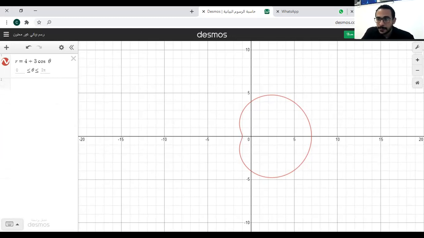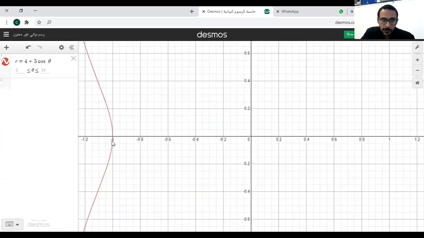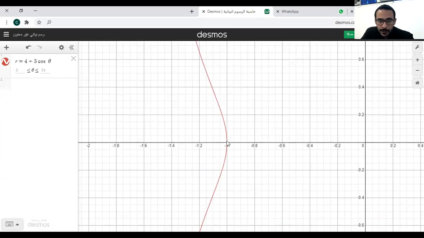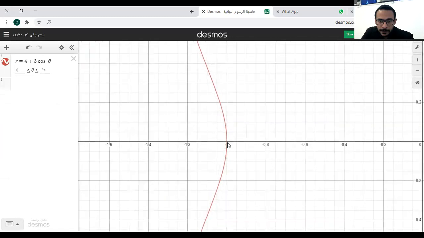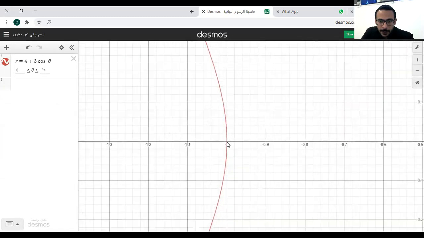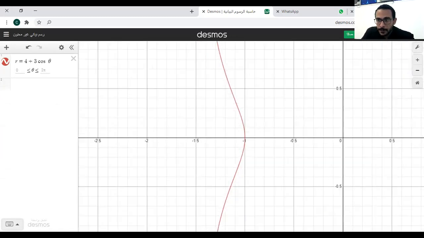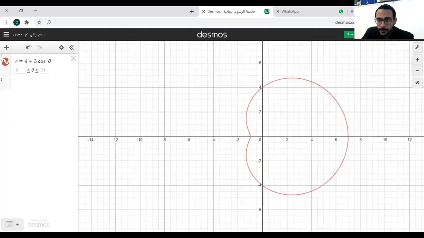We can maximize it to see if it's 1 or not. Yes, at what, guys? At negative 1. It's at negative 1 here, this point. Okay? Any question, shabab? No, thank you. Clear. Okay.